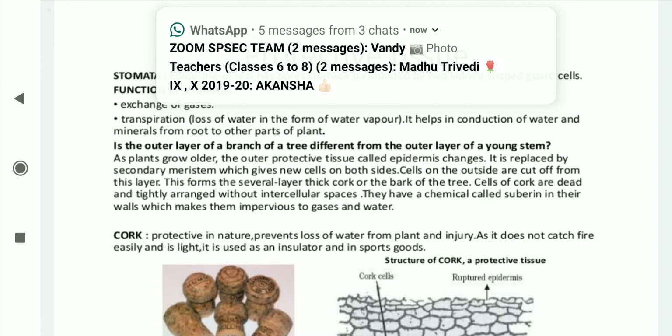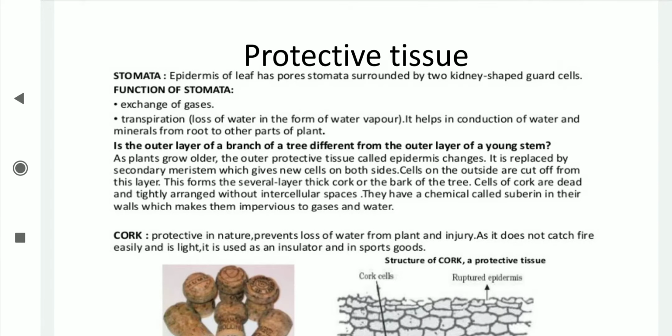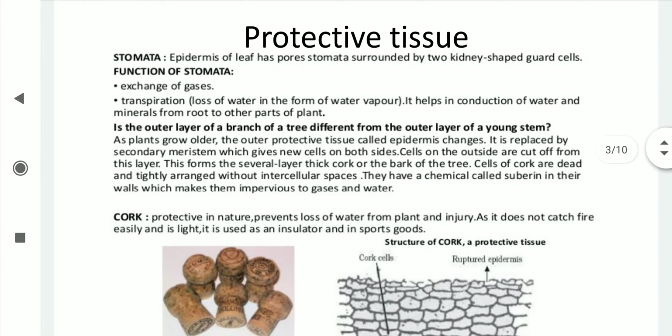Children, you have seen very old trees, they have bark, and this bark is also called cork. This bark is protective tissue. Cells of the cork are dead. You have seen the bark is brown, so the cells are dead and arranged without any intercellular space.